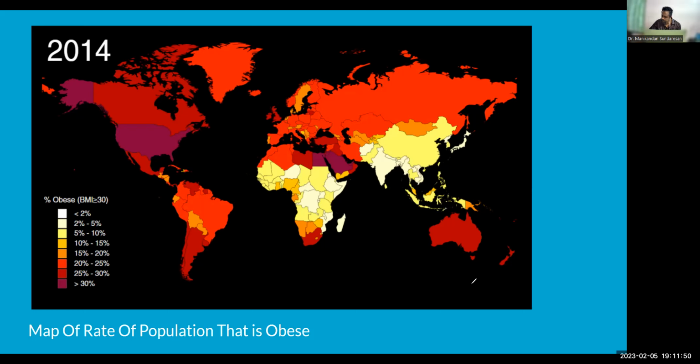They won't have the effects right away, but when they become adults they will. And COVID just made things worse. The obesity rate increased even more because of the lack of activity in children due to the pandemic.